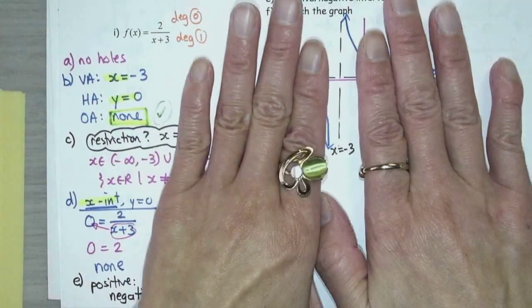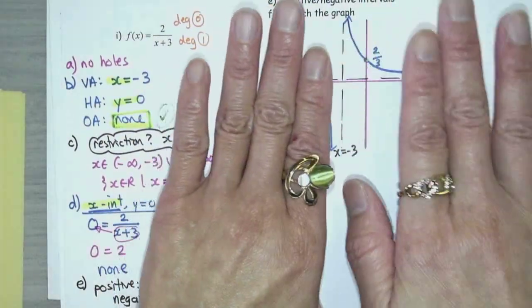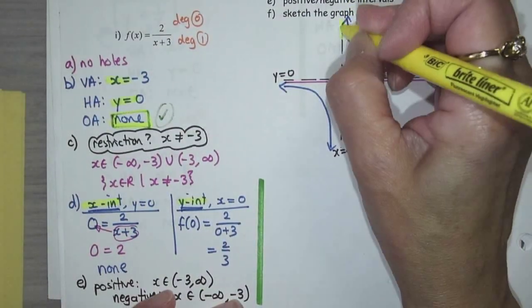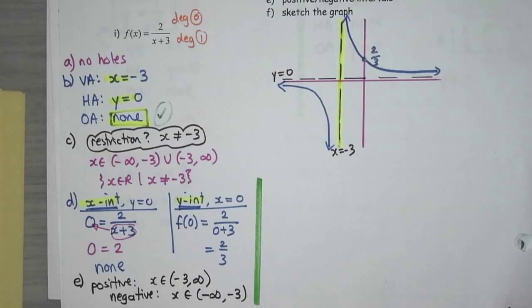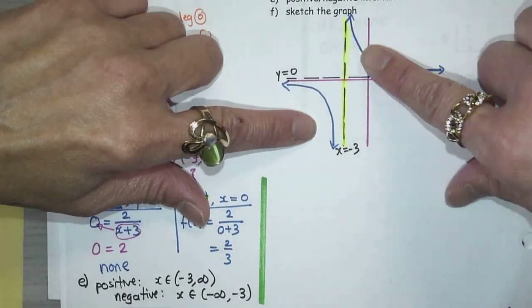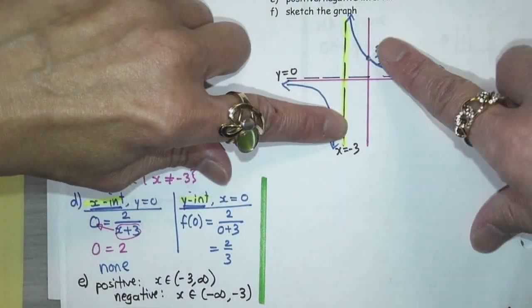This dashed line here is my vertical asymptote, right? With this one, I'm talking about as you approach that yellow line, there are two approaches. What that means is that you can approach this yellow line from the left side of the graph or the right side of the graph. So there's two ways to approach it, left side or right side.